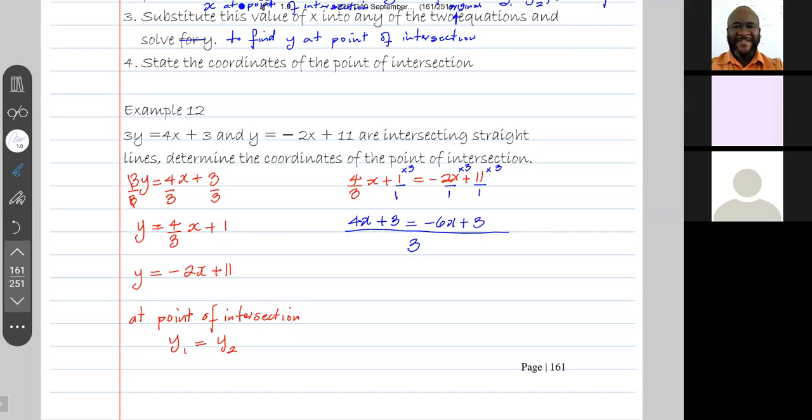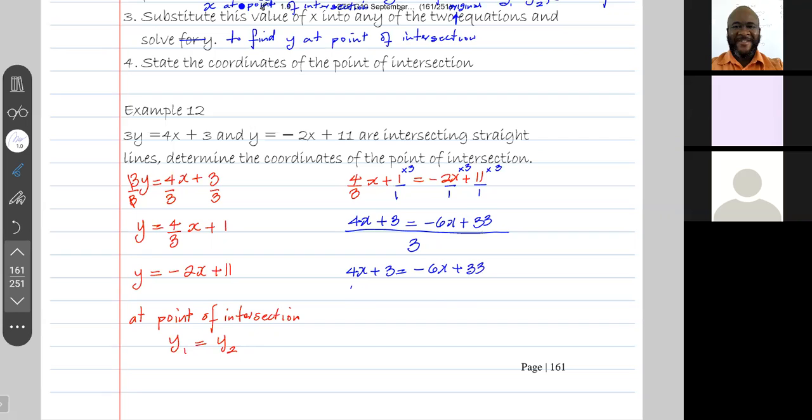So I found the LCM. I use the LCM. Then I'm going to discard the LCM. Discarding the LCM means going forward, I go forward without the LCM. It's supposed to be 33. So I have 4x plus 3 is equal to minus 6x plus 33.